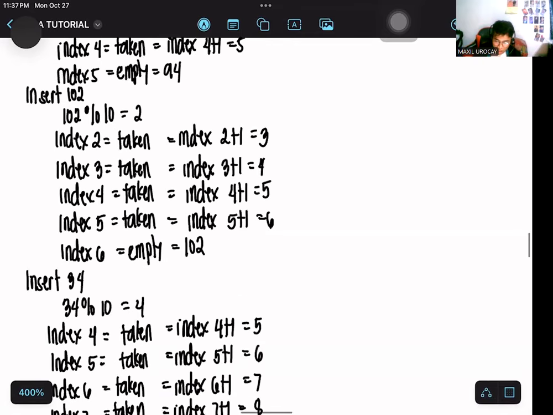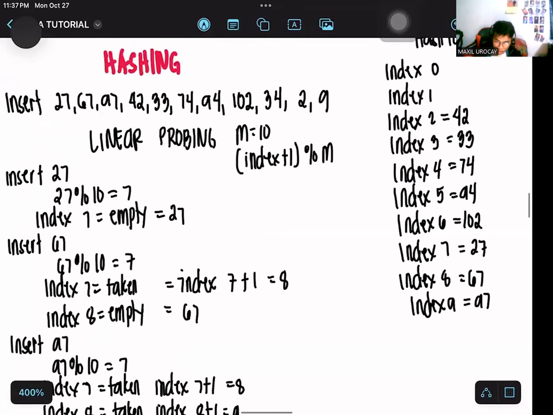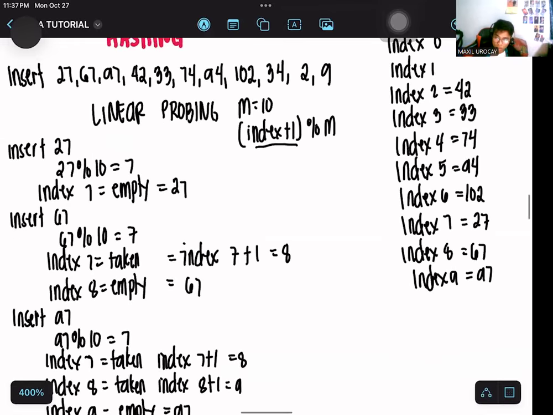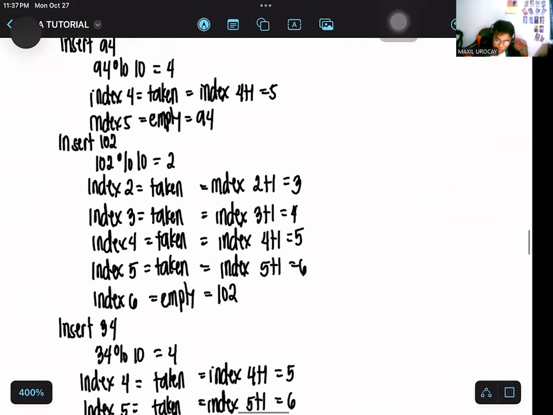Since the index increased with plus 1, for example, if m equals 10 and the answer becomes 11 and so on, we deal with the modulo of m again.